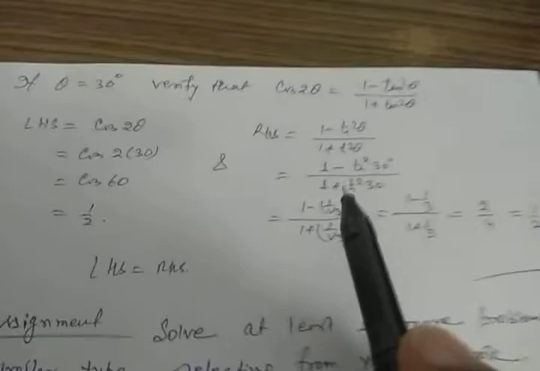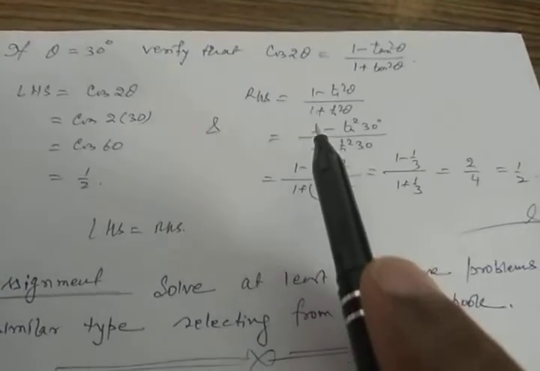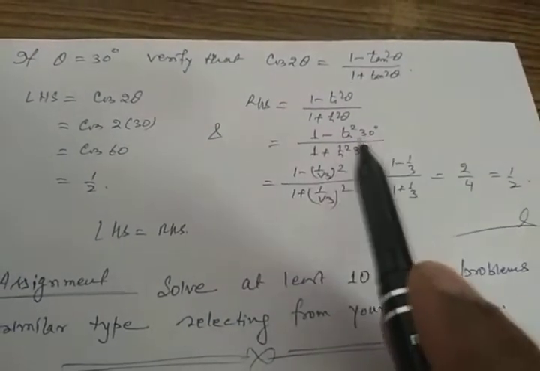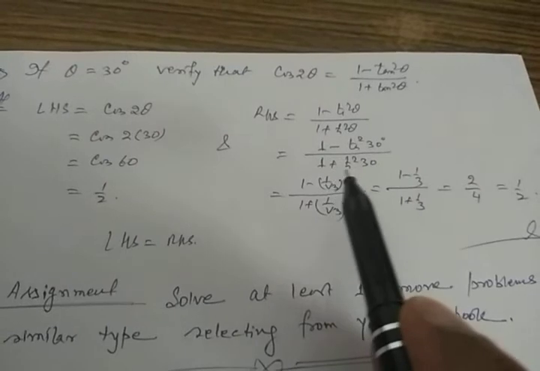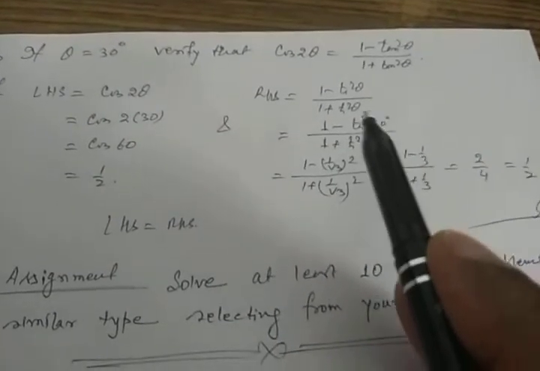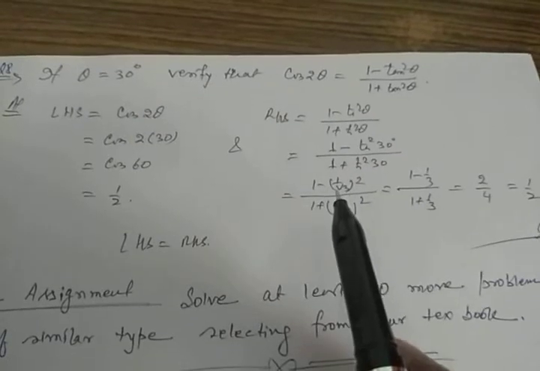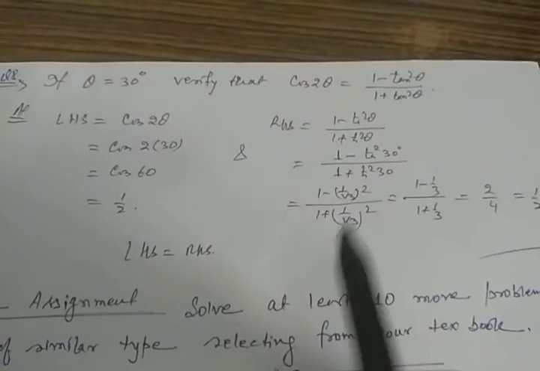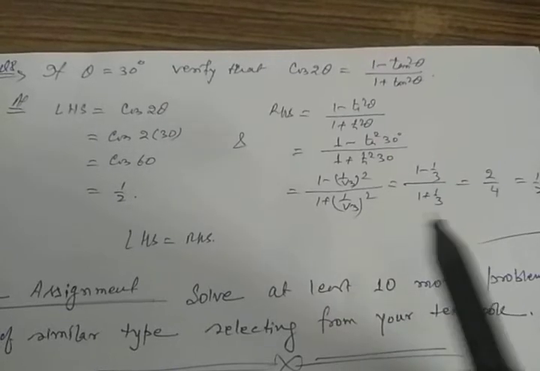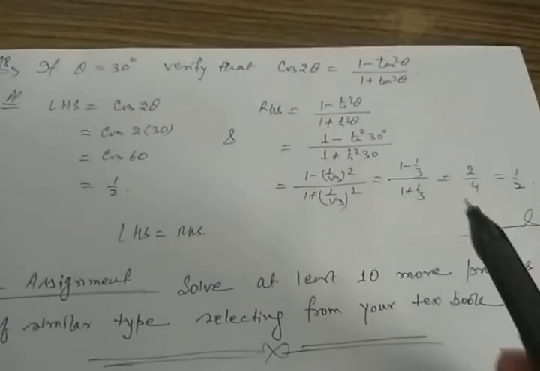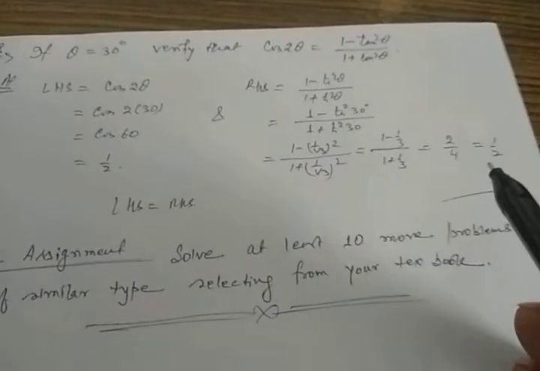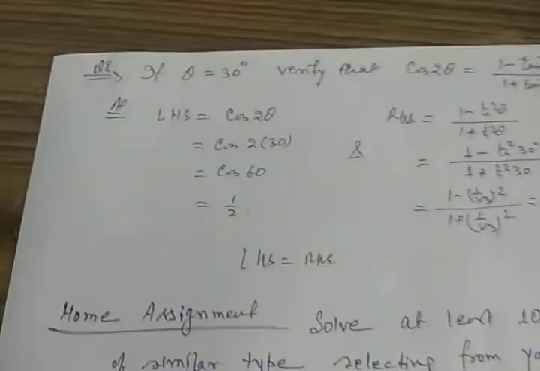Whereas for RHS, 1 minus tan square 30 divided by 1 plus tan square 30. The value of tan 30 is 1 by root 3. So we put 1 minus 1 by root 3 the whole square over 1 plus 1 by root 3 the whole square. So 1 minus 1 by 3, 1 plus 1 by 3, simplify: 2 by 4. This is 1 by 2. In this way, we find LHS and RHS are equal.